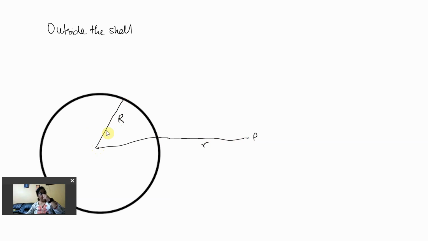To find the potential at this point P, I need to divide this sphere into numerous tiny concentric spheres. Let me consider any one such sphere.